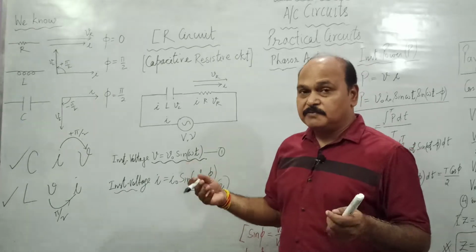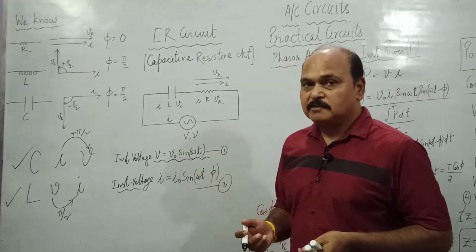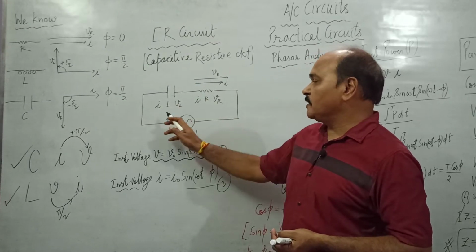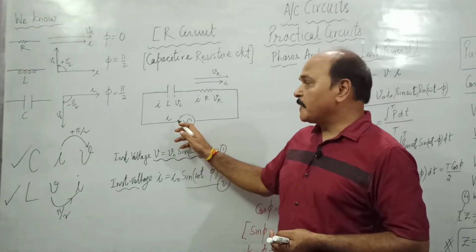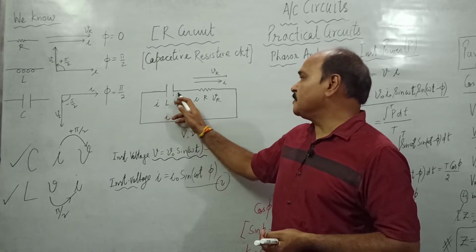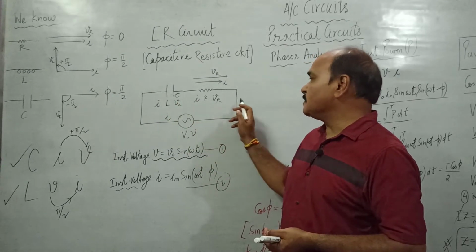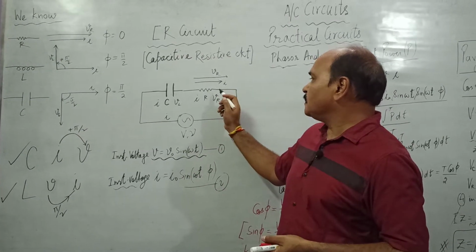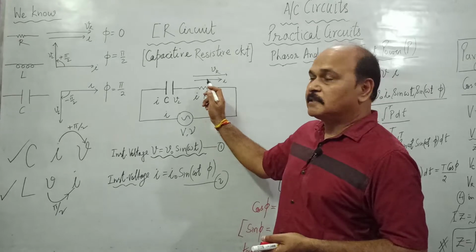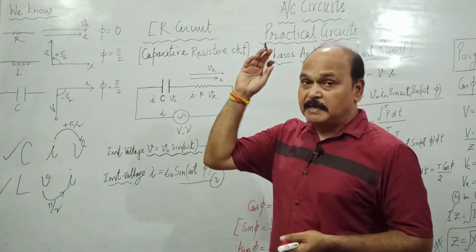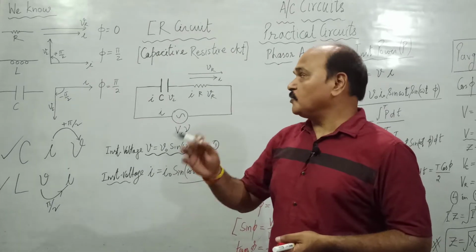In phasor analysis we draw all the phasors together. So where are these phasors? Let us see. In series, current is the same, therefore if current I is drawn from the source at any instant, the same current is going to be through this capacitor and through this resistance. Current and voltage phasors across this resistance are parallel to each other, as the phase difference between current and voltage across resistance is 0.